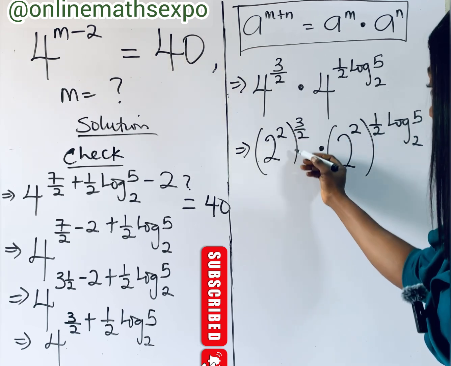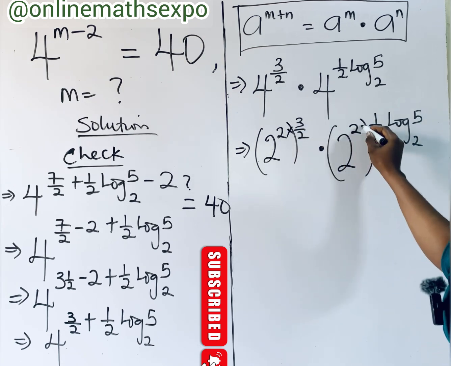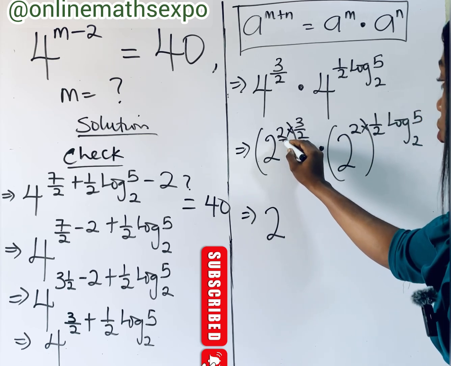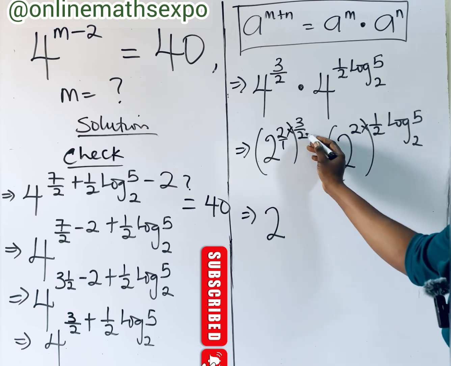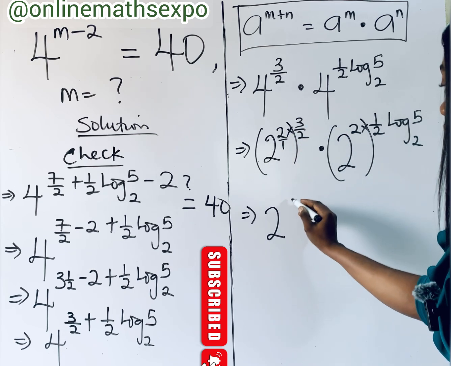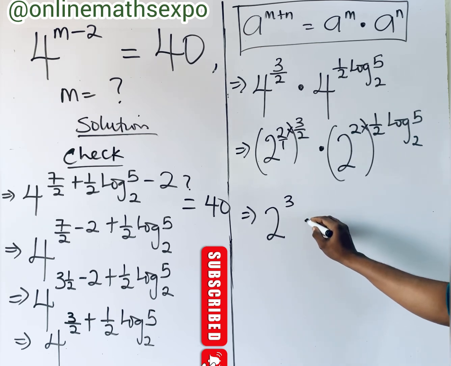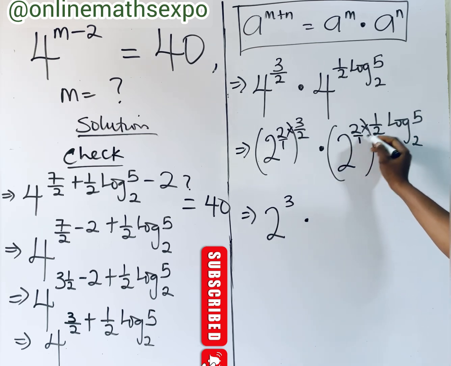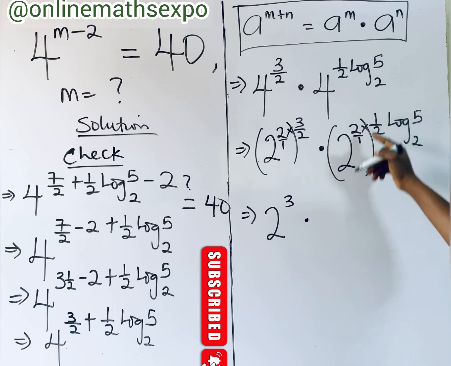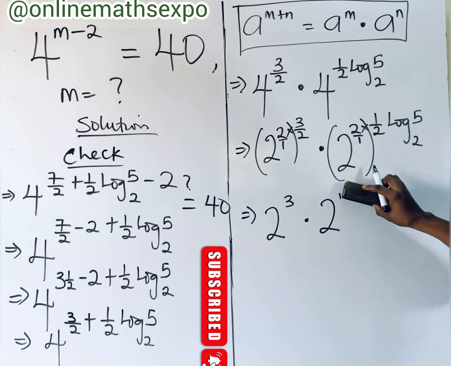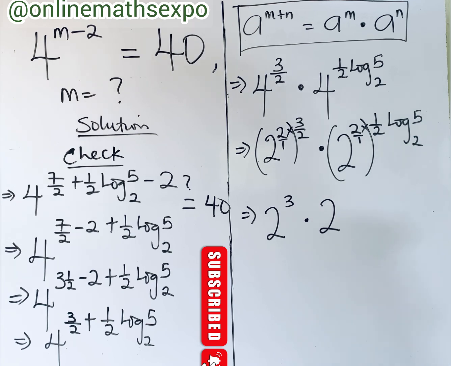To open up this bracket, you multiply these powers. Okay, so we're going to have 2 to the power, remember this is 2 divided by 1, so these 2 will cancel these 2. You'll be left with 3 divided by 1, which is 3. Then it is multiplied by, this is over 1, so this cancels and you have 1 divided by 1 is 1. So we have 2 to the power of 1, which is the same as 2. Okay, so we have 2 to the power of log of 5 base 2.